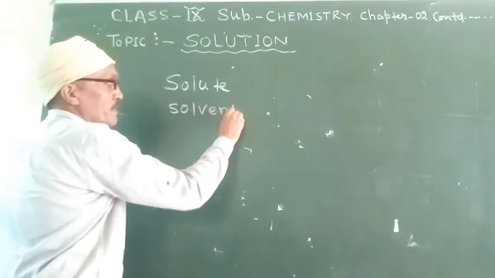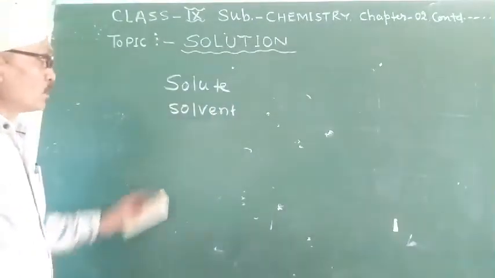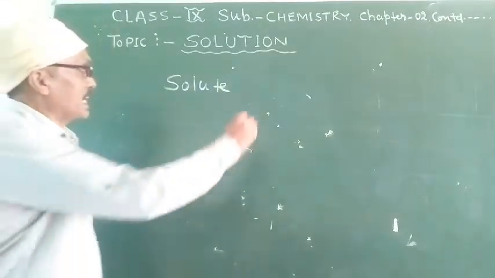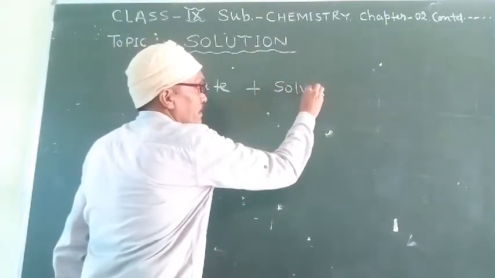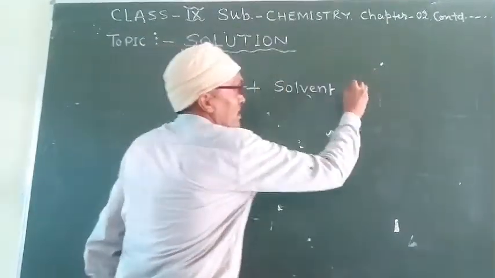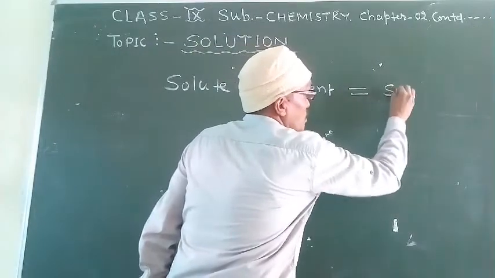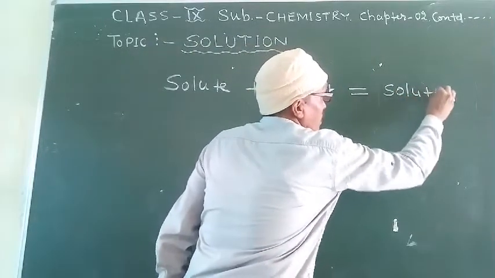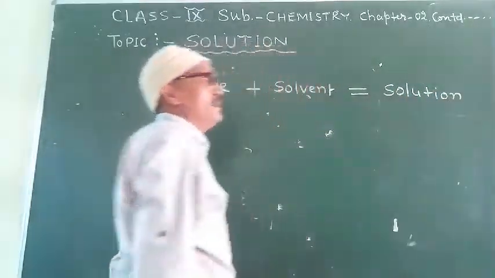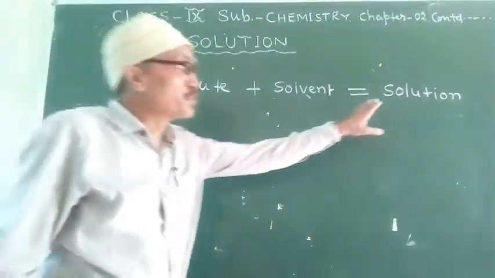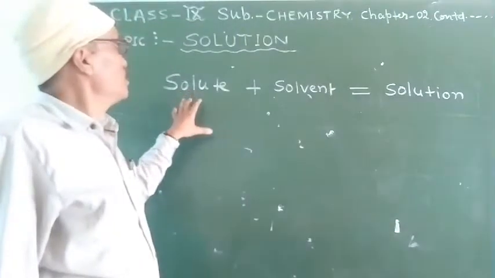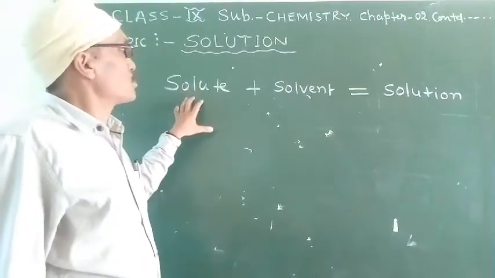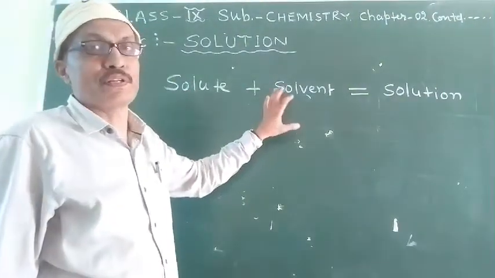You can show them like this: solute plus solvent equals solution. So you have to keep in mind, a solution consists of two components, solute and solvent.